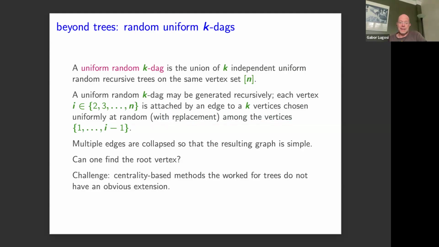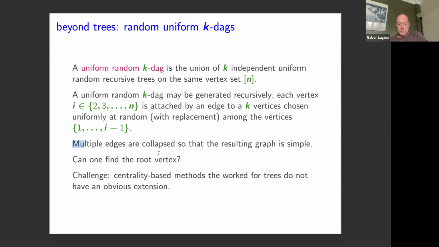On the positive side, now the graph is just a union of k uniform random recursive trees on the same vertex set, because when vertex i arrives, it connects independently to k previously present vertices. So we just get a union, but of course the problem is difficult because we don't know which edge belongs to which of these uniform random recursive trees.